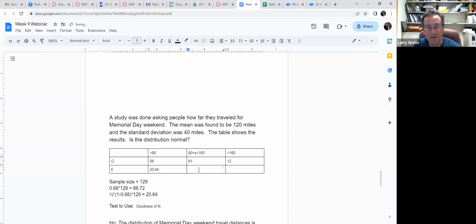The center will be 88.72. Any questions on that? And the left and the right should be the same because the normal distribution is symmetric. So it's 20.64. Anybody lost? For a lot of people, that's the hardest part, coming up with these expecteds.